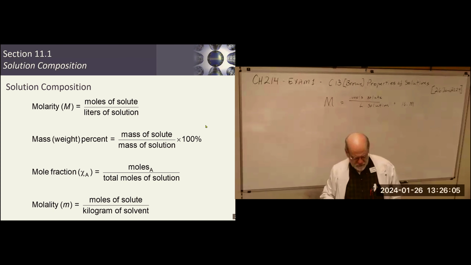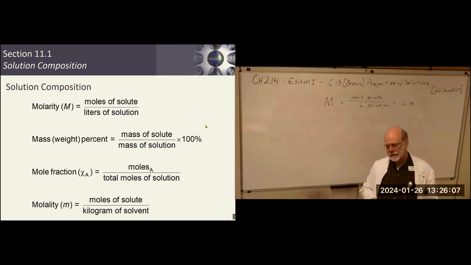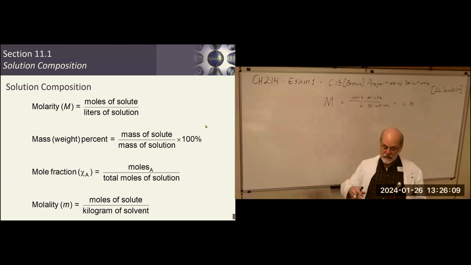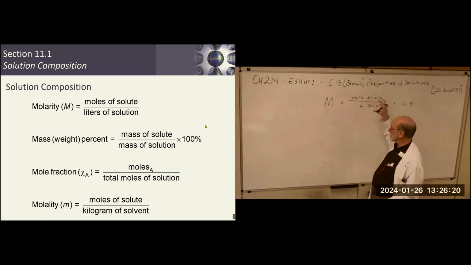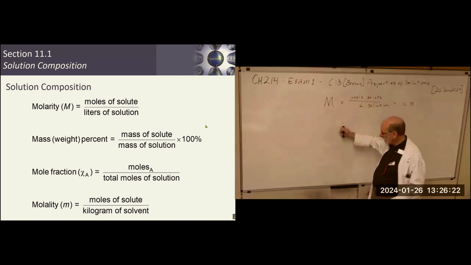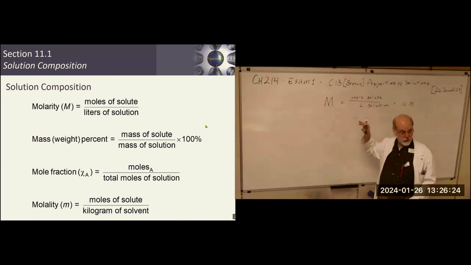And measuring volume is, well, sometimes mass is easier to measure, but in some cases, volume is easier to measure. And this is an intensive property. In other words, it doesn't matter how much you have, you still have that ratio. So if you have a small amount, it's 10 molar. If you have a big amount, it's 10 molar.